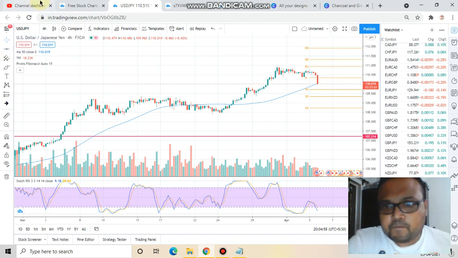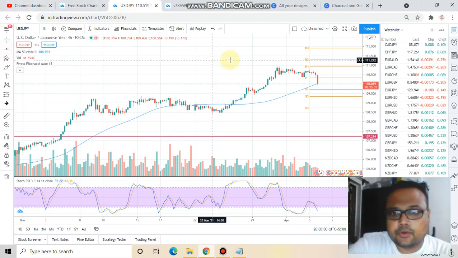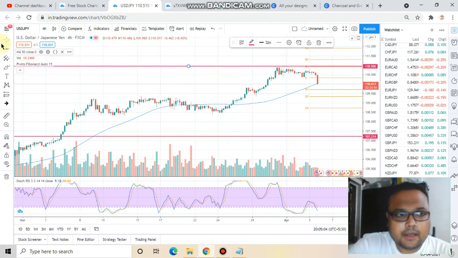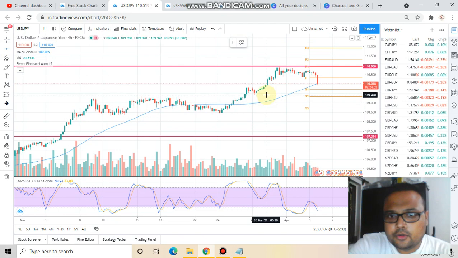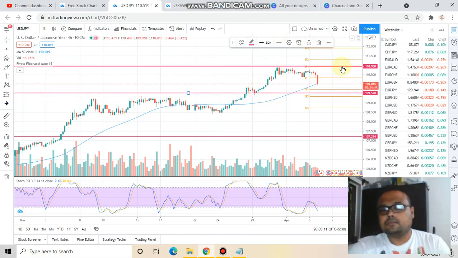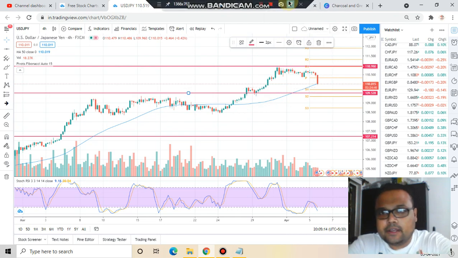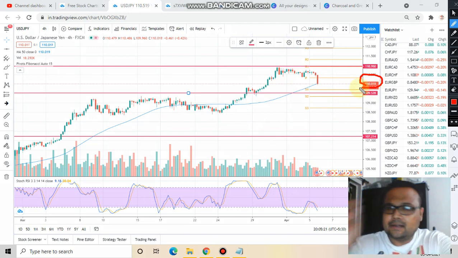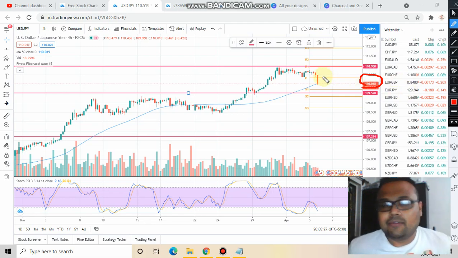As of now, what is your first and foremost duty? The first duty is to wait for the market to take support somewhere. You can see right now market is trading at 110 level, and we can see right now market is trying to take support at the 50 moving average, but looking at the size of the candle, we cannot be too sure that 50 moving average will be providing support.